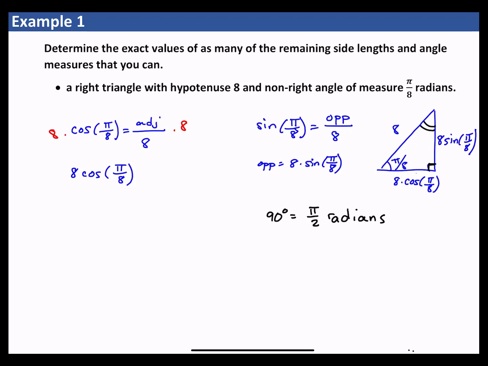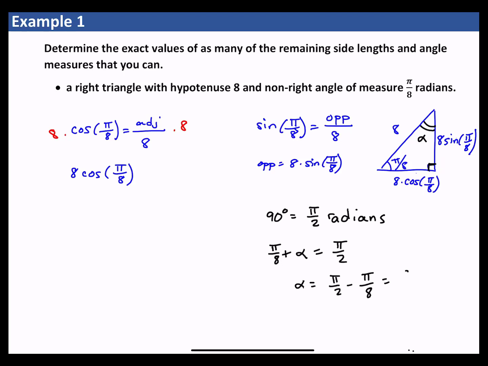So what we know is that pi over 8 plus this other angle, let's call that angle alpha, so pi over 8 plus alpha would have to equal pi over 2. So that missing angle equals pi over 2 minus pi over 8.